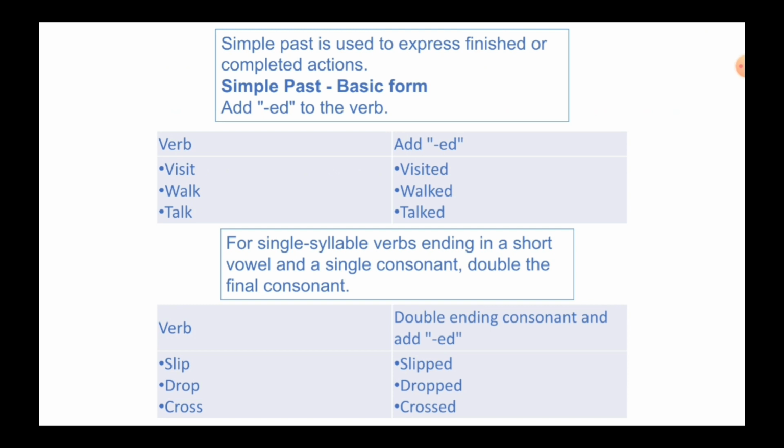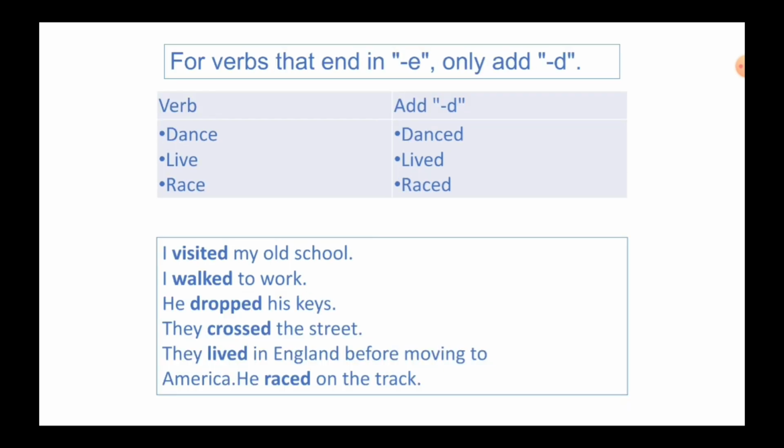For example, drop, dropped, cross, crossed. For verbs that end in E, only add D. Example: dance, danced, live, lived, race, raced.